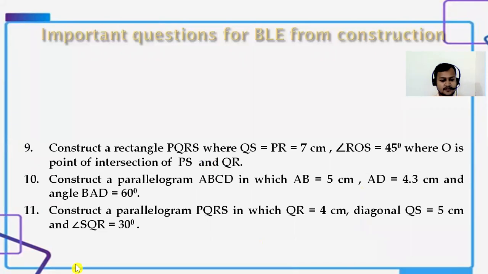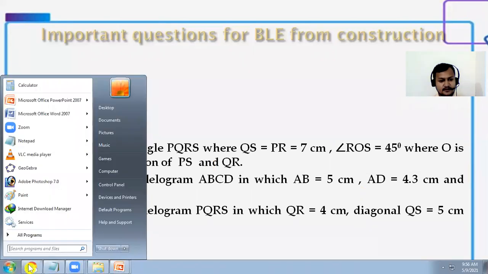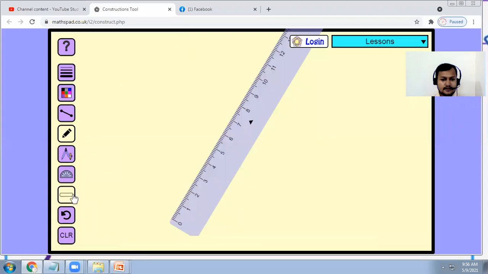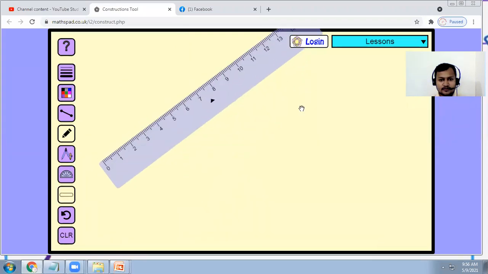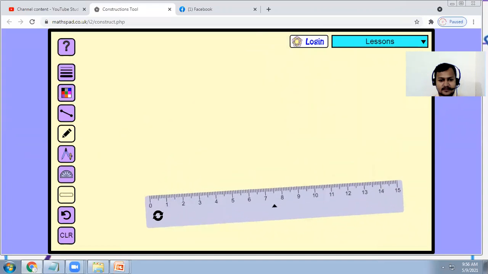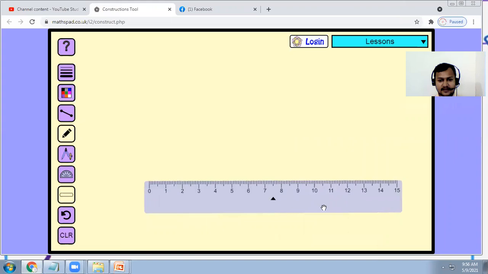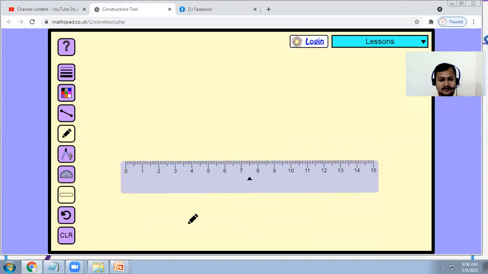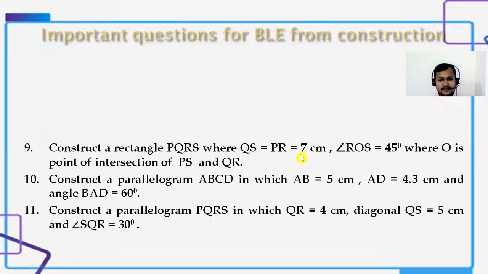So look at this question in our new window. At first, draw line segment whose length is 7 centimeter because the diagonal QS as well as PR given to us are 7 cm.